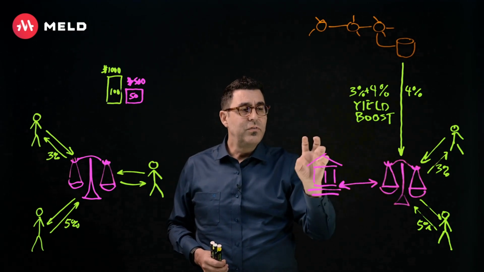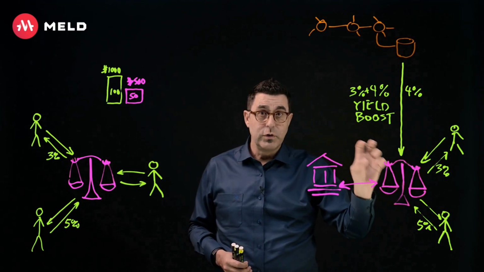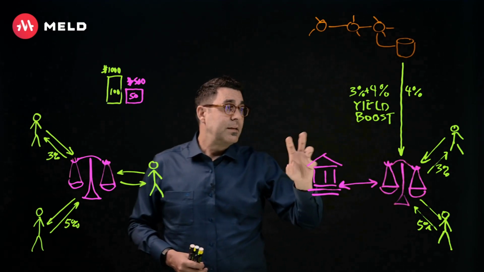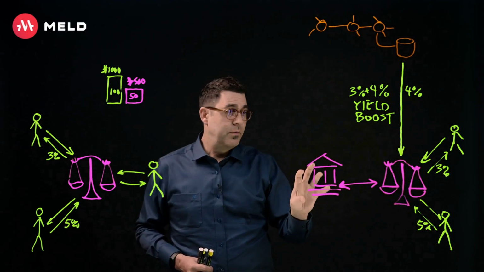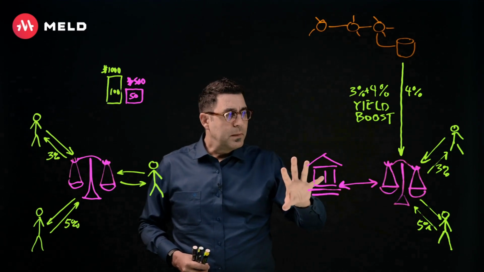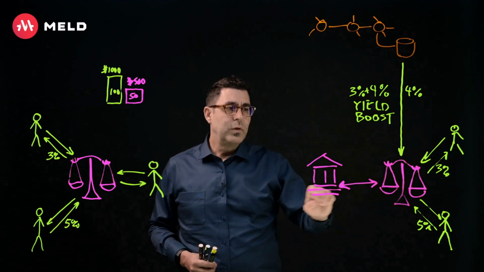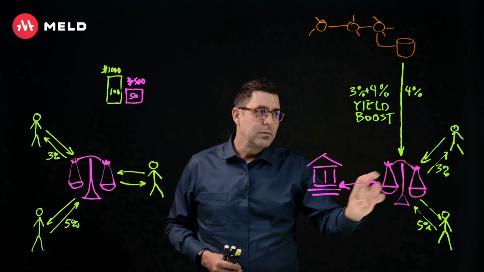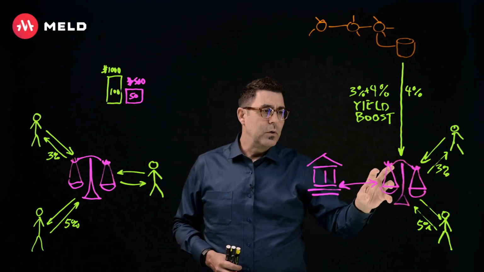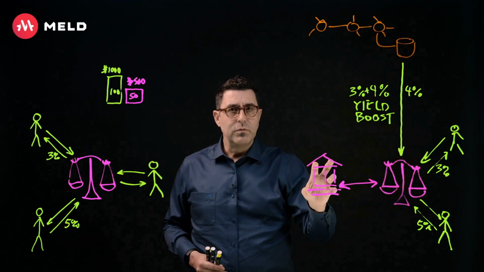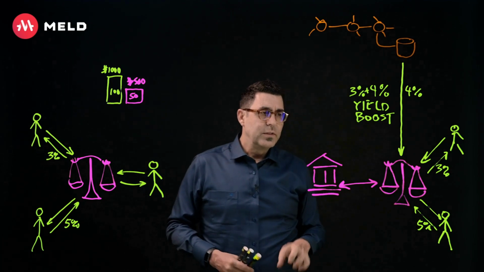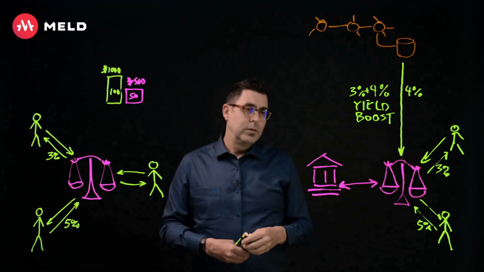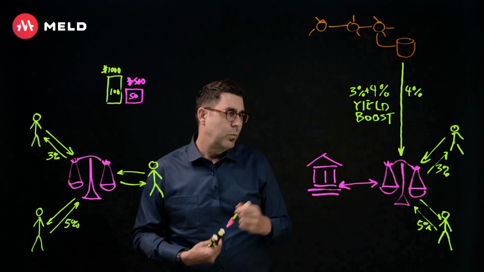They can borrow fiat currency against their crypto, and then they can pay it off or use it however they want. You can't supply fiat into the system. You can't use fiat as collateral, but you can supply crypto as collateral and then borrow fiat against that. So this is also a key characteristic in the MELD ecosystem and how it works.